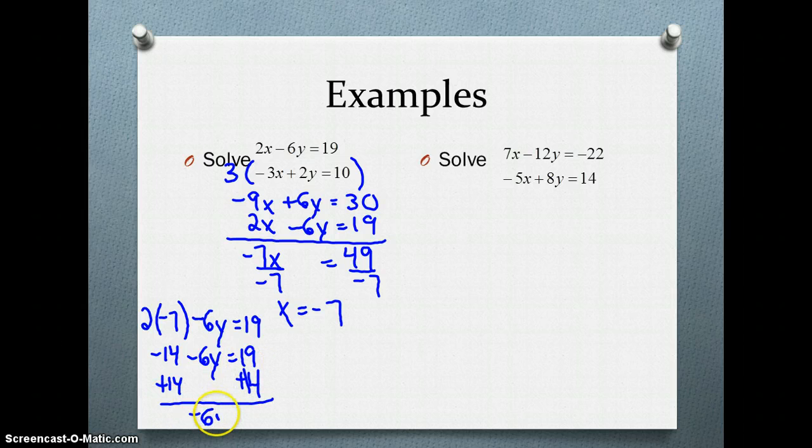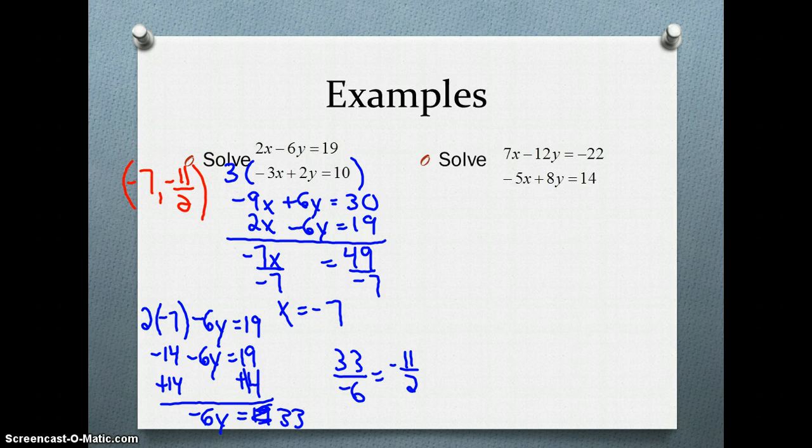I get negative 6y equals 33. From here, we'll divide 33 by negative 6. This ends up becoming negative 11 over 2. So our ordered pair solution here is negative 7, negative 11 over 2. Final answer for that particular problem.